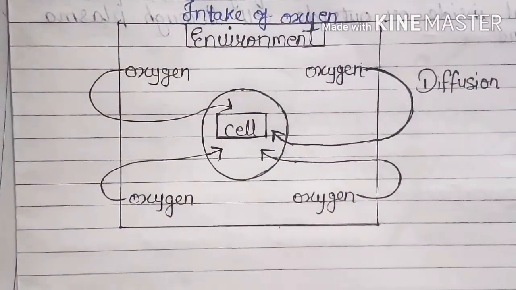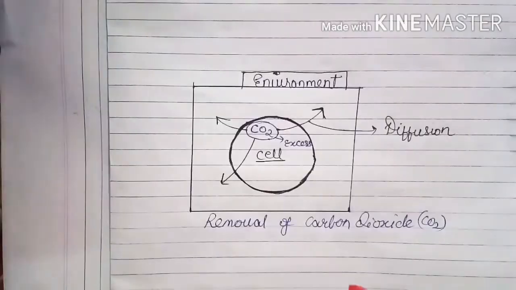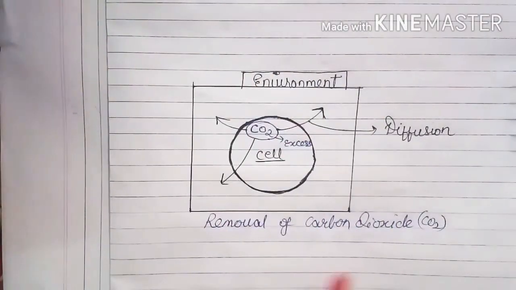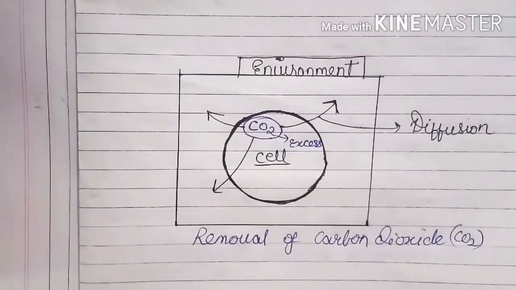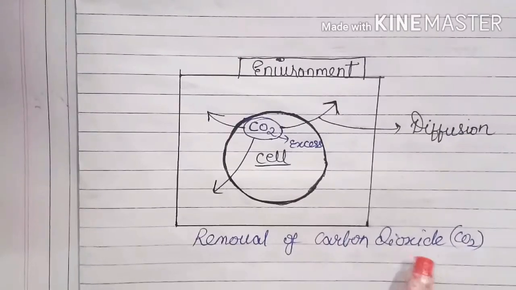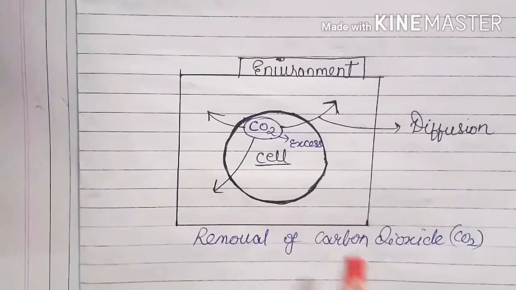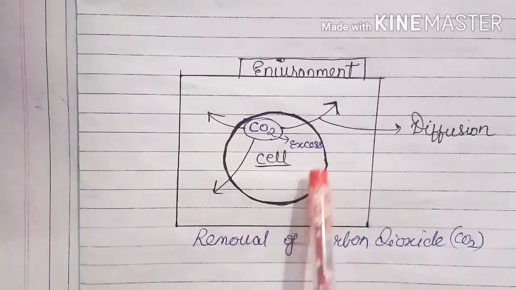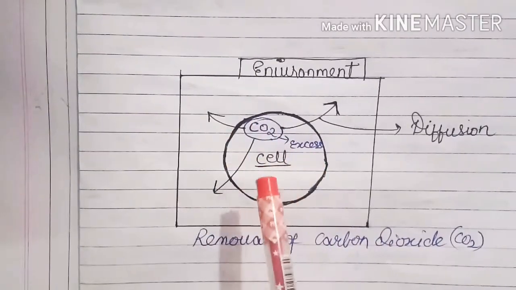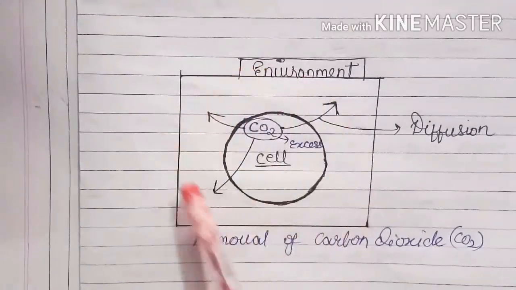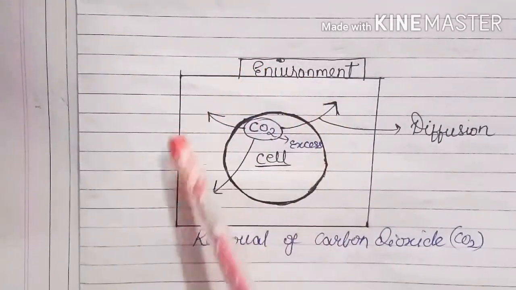Now let's take a second example to understand diffusion. In the respiration process, we talked about the intake of oxygen earlier. Now we are talking about the removal of carbon dioxide. We all know that we inhale oxygen and exhale carbon dioxide. So this is an example of the removal of carbon dioxide. In this, our cell has a lot of carbon dioxide in it, but our environment has a lower concentration of carbon dioxide.